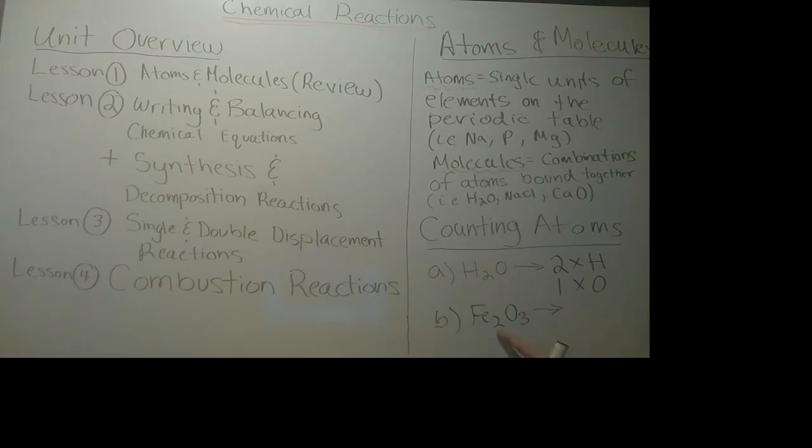The 2 represents the number of irons, since it's the subscript of iron, Fe, and the 3 represents the number of oxygens, O. So in total, there would be 2 Fe's and 3 oxygens. So 1 molecule of Fe2O3 is composed of 2 iron atoms and 3 oxygen atoms.